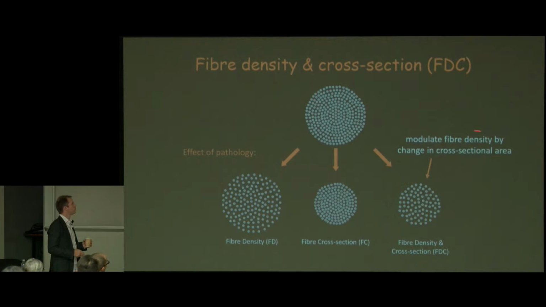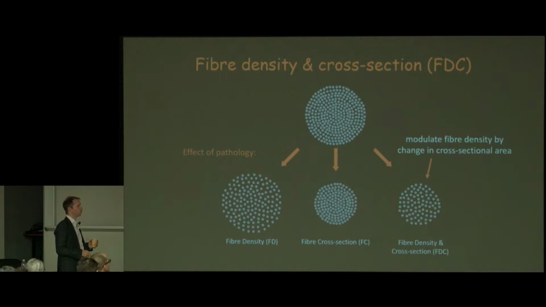What you can also do is take your fiber density and modulate it by the change in cross-sectional area to get the fiber density and cross-section measure, which is about the total number of axons that you actually have in that fiber bundle. So now you have three different contrasts in just this particular application. Local fiber density, very much microstructural, very much a local level.